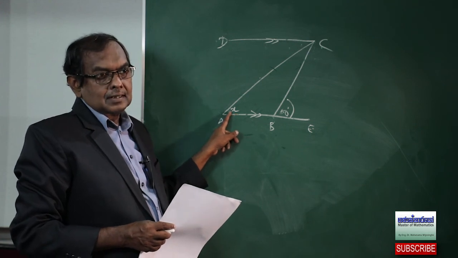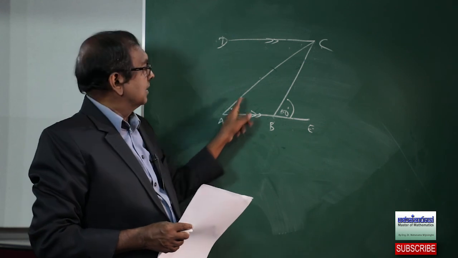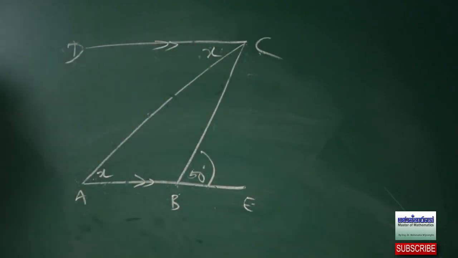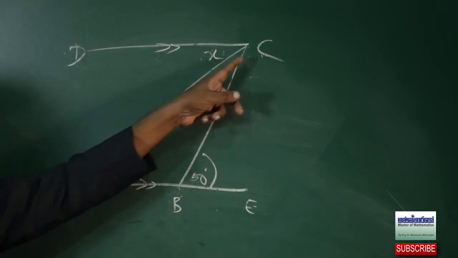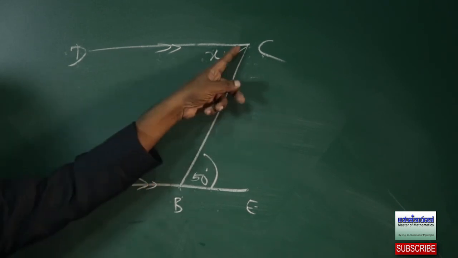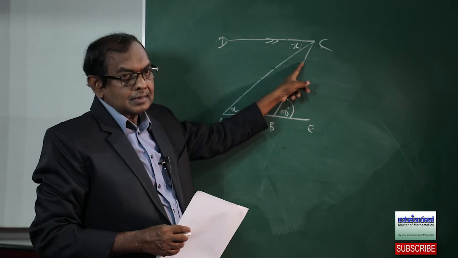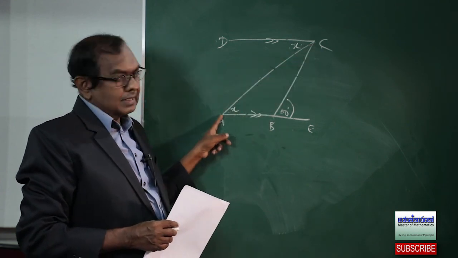Therefore, if this value is x, this should be x. We can write that as alternate angles. Then it has been given that AC is the bisector. That means this angle is divided into two by the AC line.